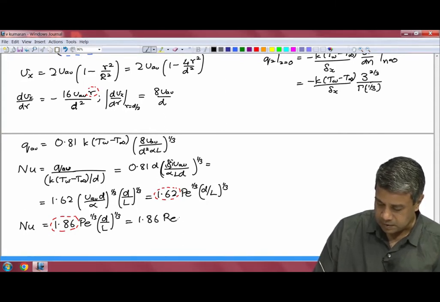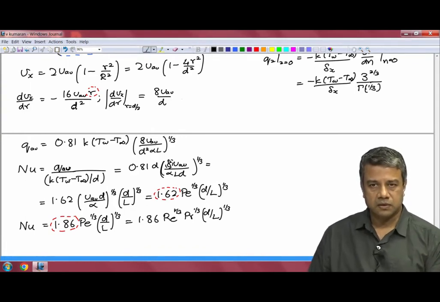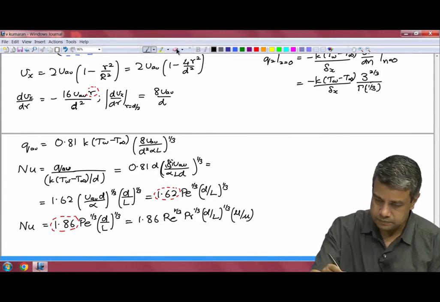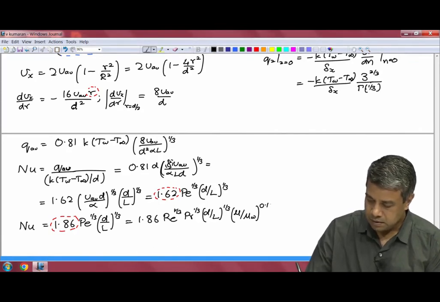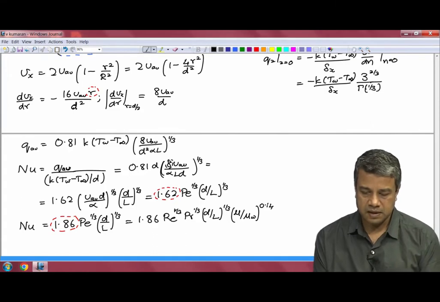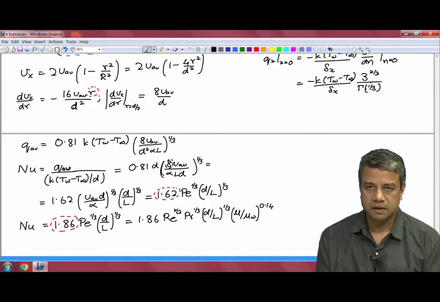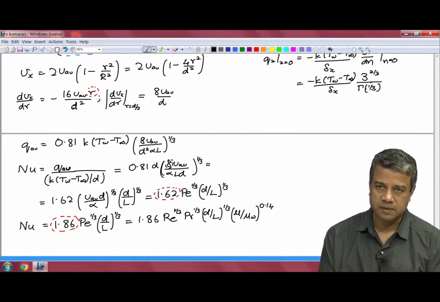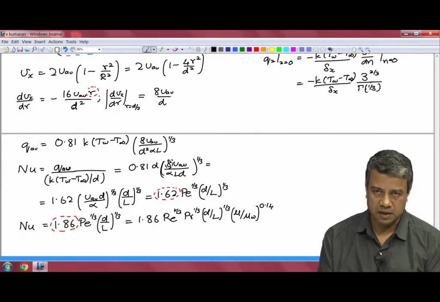Nu is proportional to Re to the power 1/3, Pr to the power 1/3, d by L to the power 1/3. Usually there is an additional coefficient, mu by mu w, in order to take into account the effect of the variation in viscosity with temperature, where mu w is the fluid viscosity at the same temperature as the wall, and mu is the fluid viscosity at the same temperature as the bulk of the fluid.